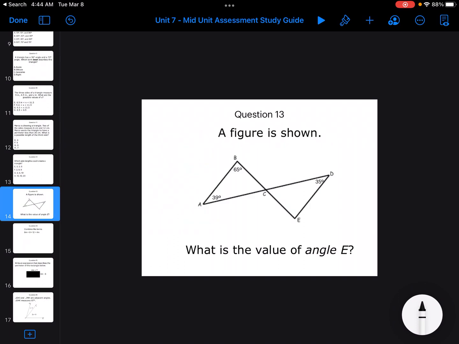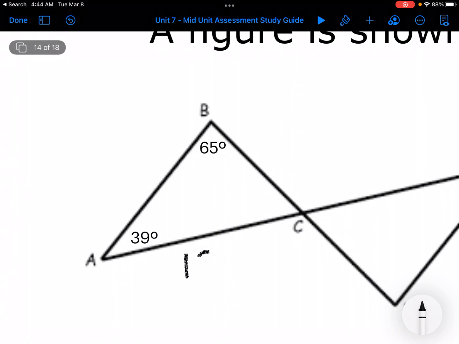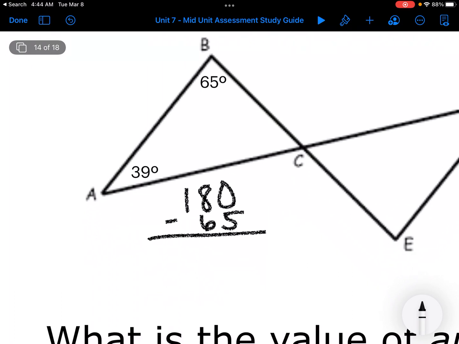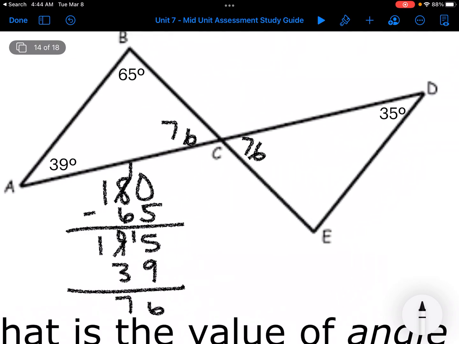All right, what is the value of angle E? Well, I know that if I have 180 degrees and I subtract off 65, and then I subtract off 39, I get 76. So I know both of these angles are 76 because they're vertical angles.